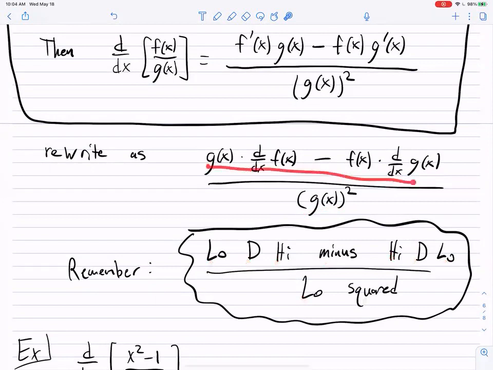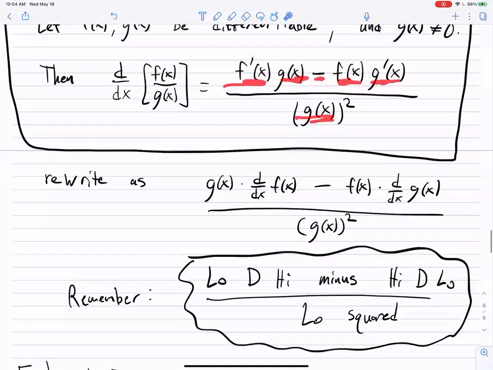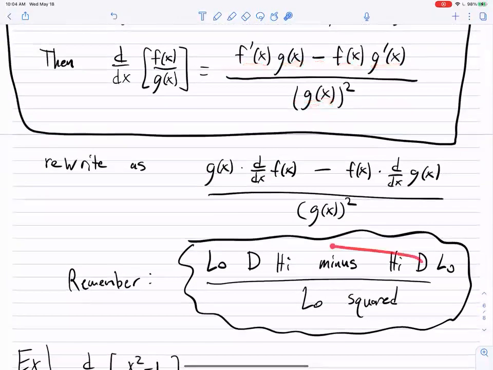That's how I remember the order of this, because the minus sign is important here. It's the low function times the derivative of the high function, minus the high function times the derivative of the low function, over low squared. And that's a cool mnemonic device to remember the quotient rule.